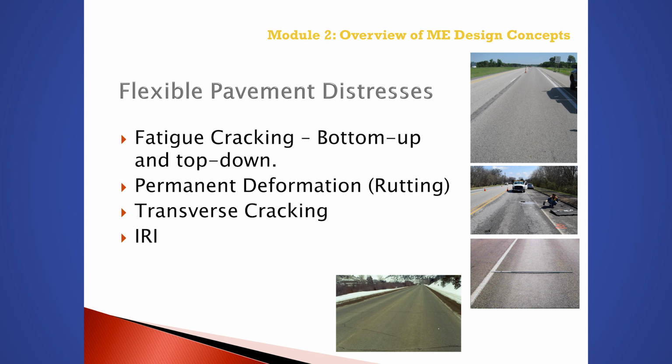The prediction model is an empirical relationship. A description of the regression equation is included in Module 6. IRI is calculated from fatigue cracks, rut depth, transverse cracking, the initial IRI, and a site factor variable.